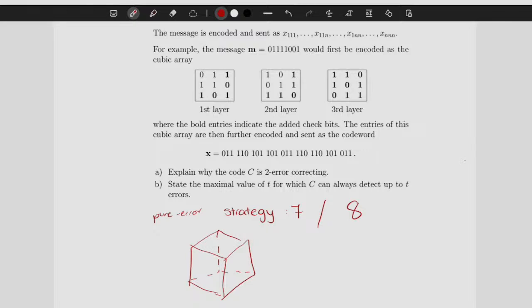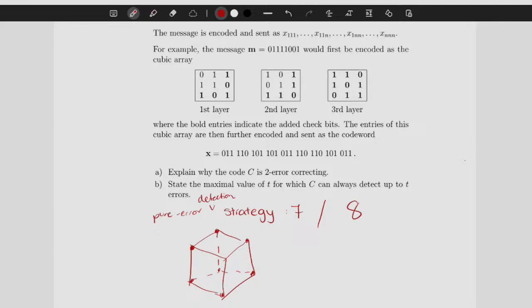Anyway, sorry. Okay. In particular, if we had 8 errors, and for example, they all occurred in like the corner of the box, something like this, then we would actually have no idea that happened, right? We would have no clue that happened. And this is simply using the pure error detection strategy, not anything. Oh, this is the missing word, detection. So true.